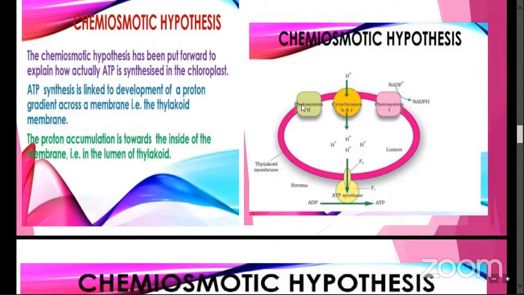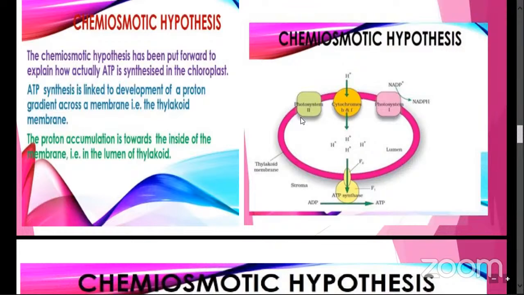See here, pigment system 2 and pigment system 1. Both are involved in non-cyclic photophosphorylation, and this takes place in the membranes of thylakoids, so these are located in the membranes. Pigment system 2 starts by accepting photons from sunlight, and accessory pigments also transfer photons to pigment system 2.